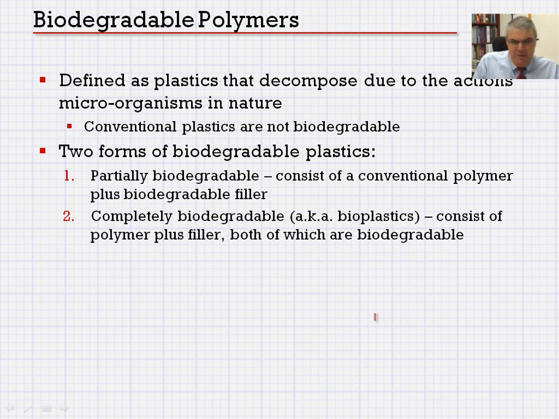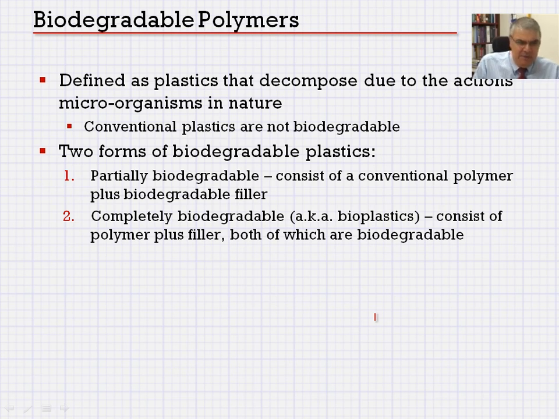There are two main forms of biodegradable plastics. One is the partially biodegradable, and the second one is the completely biodegradable. The partially biodegradable one, as the name implies, part of it would degrade, and part of it will not be biodegradable, not subject to that.